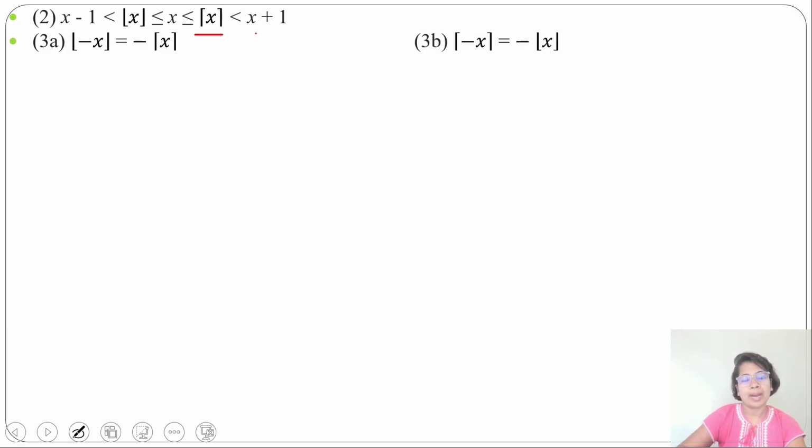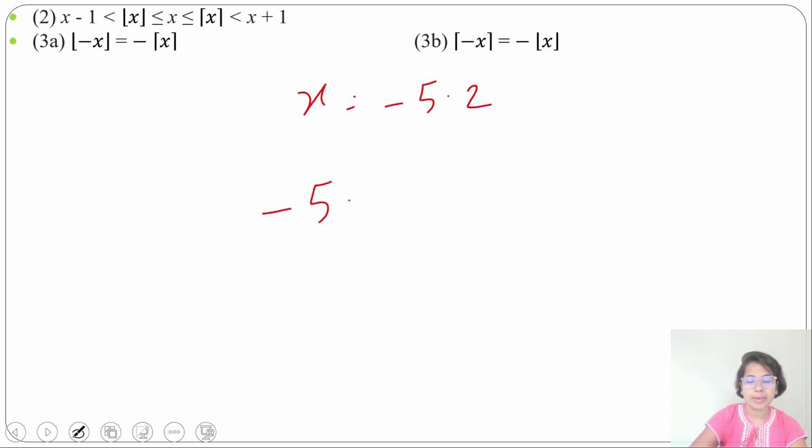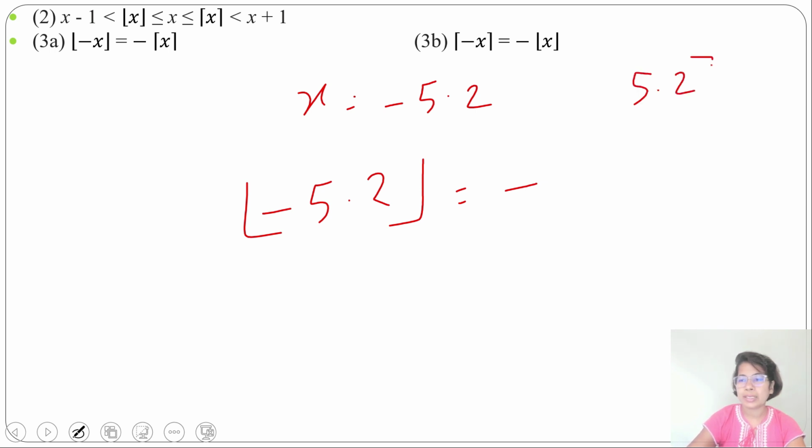Next is floor of minus x equals minus ceiling of x, and ceiling of minus x equals minus floor of x. Let's take an example. Suppose x is minus 5.2. Now minus 5.2, its floor value will be minus, then 5.2 ceiling value. So 5.2 ceiling value will be 6. So it's minus 6.